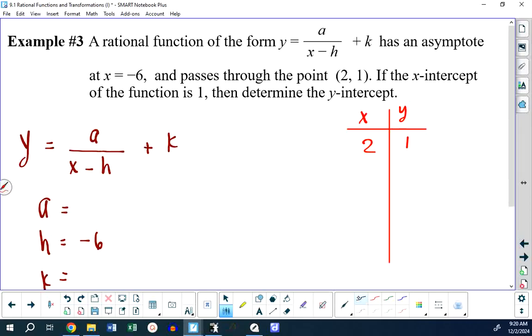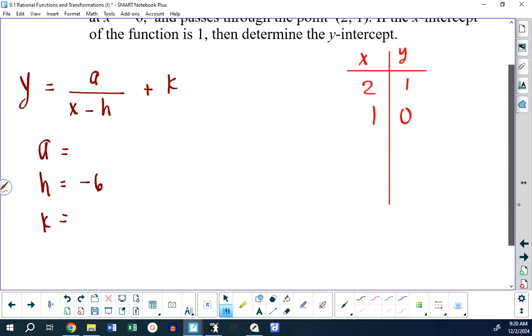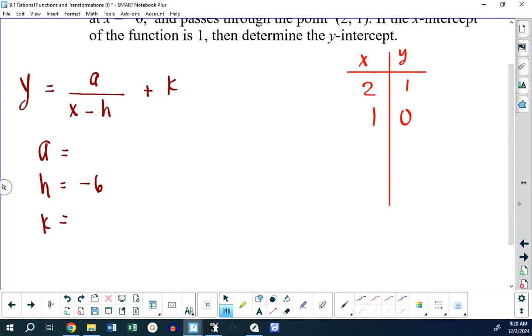Joanna? Well, I've got 2, 1 here. 1, 0, good. Because the x-intercept is at 1, and the x-intercept is where y is 0. So we now can set up a system of equations by putting in 2 for x and 1 for y.